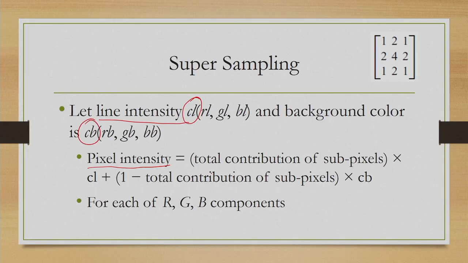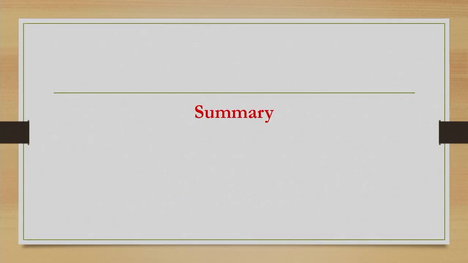We can use this simple formulation. Pixel intensity will be given by the total contribution of the subpixels times CL plus 1 minus the total contribution times CB. This is for each of the RGB components. So, that is in effect what we can do with super sampling.